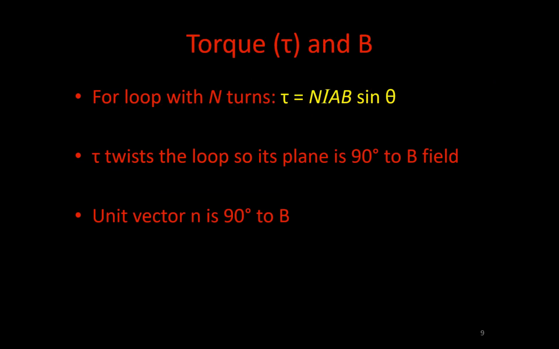So when sine theta is a maximum, of course, it will be 1. So torque will be equal to NIAB at that particular point. So the torque twists the loop and the angle will change in the field. And this is the guiding formula for anything where we need to calculate a torque on a loop of current carrying material.